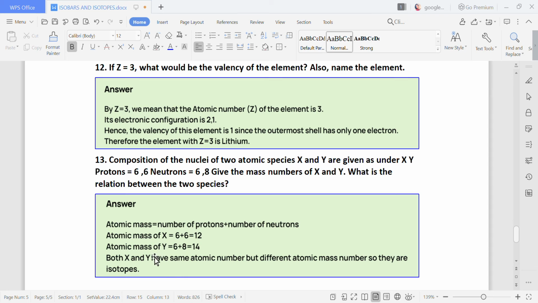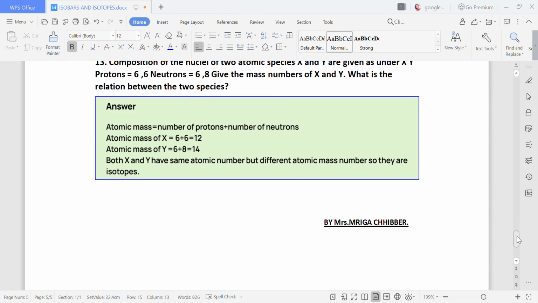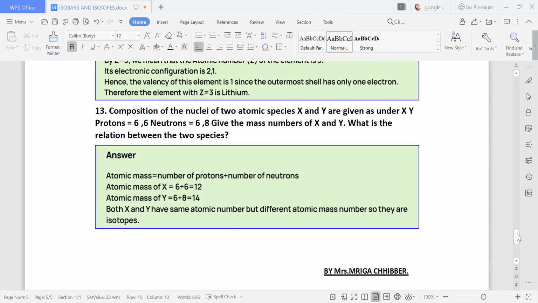So both these elements have same atomic number but different mass numbers. So what are those elements which have same atomic number and different mass numbers? They are called isotopes. So X and Y have what relation? X and Y are isotopes, right? So such type of questions may come in your exams also.